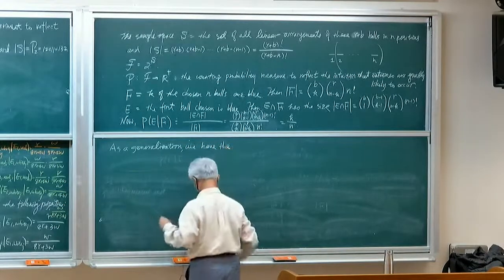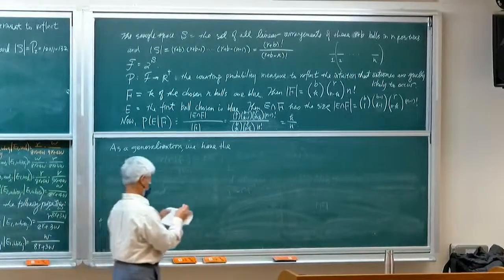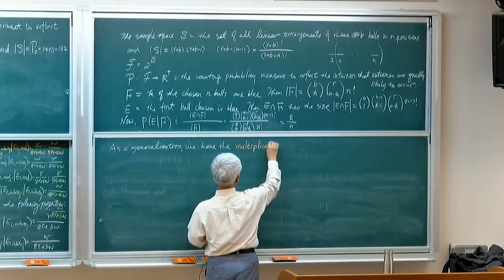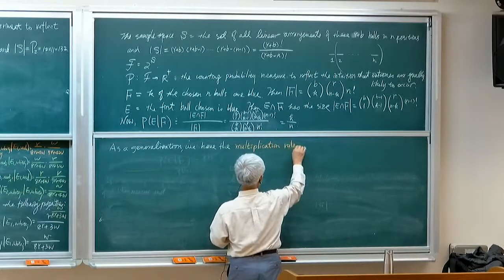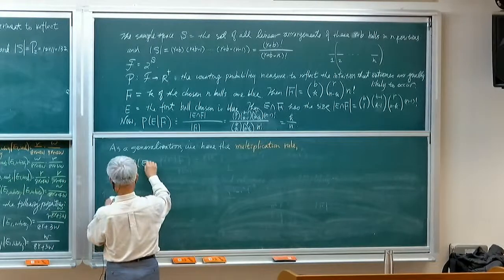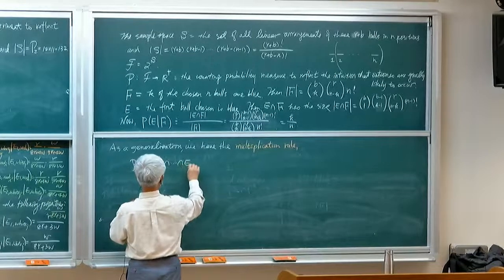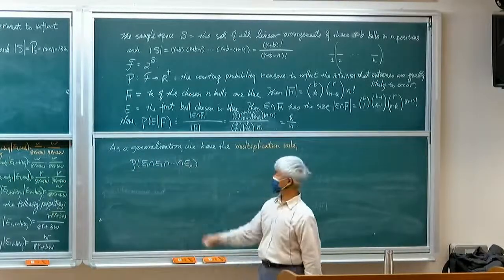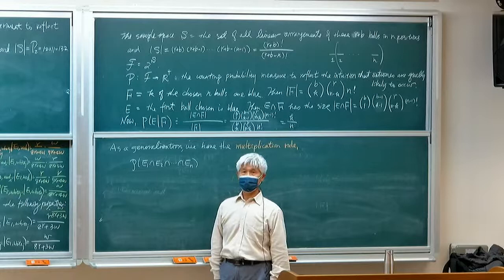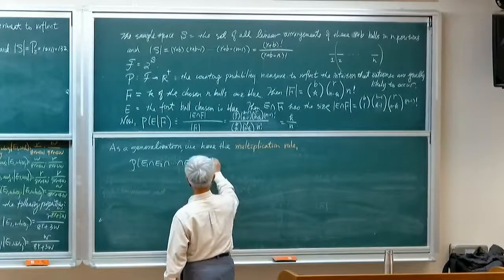which says that if you want to consider the intersection of n events and to find the probability of this intersection, all right, then you can do it.